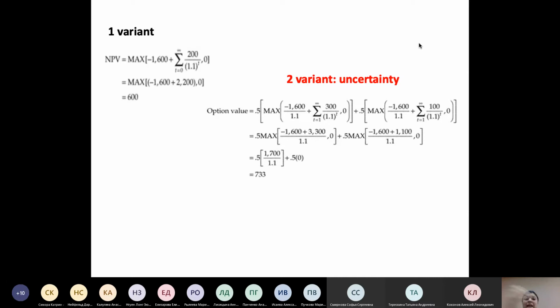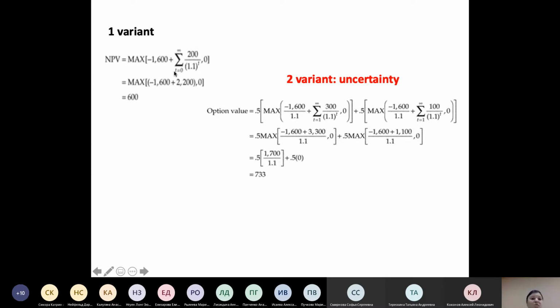We won't invest and we won't receive benefits. We won't receive profits. So we have to choose between starting the investment project and rejecting the investment project. Net present value in our first scenario will be the maximum between two values.